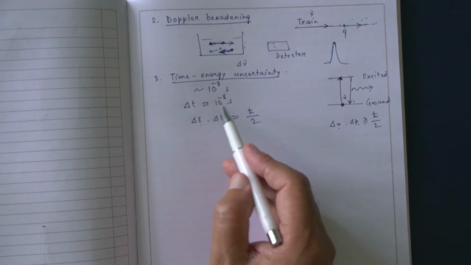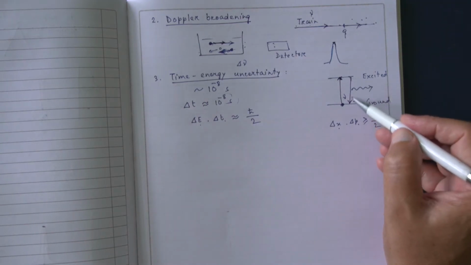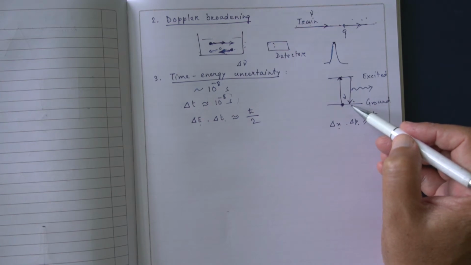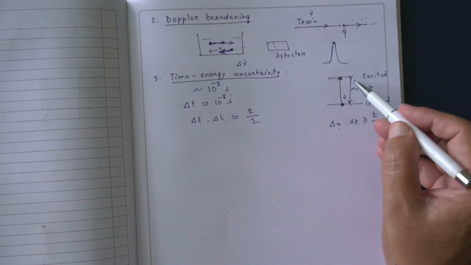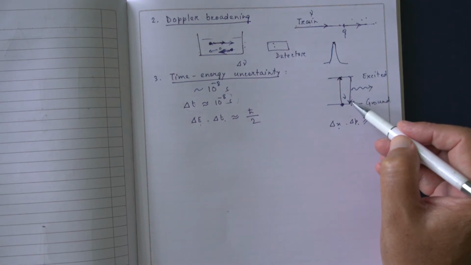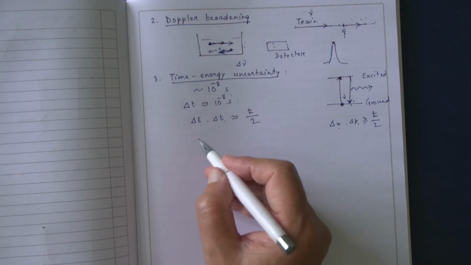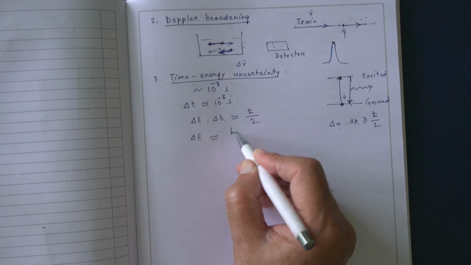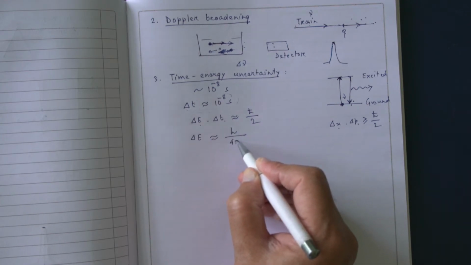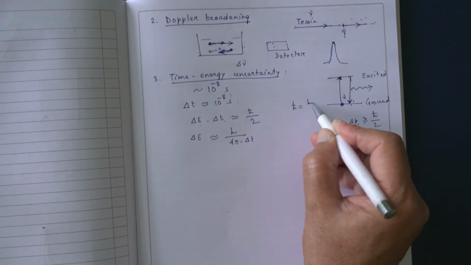Since there is some uncertainty in time for coming back to the ground state, energy becomes uncertain. So what is the uncertainty in energy? Del E equals h bar by 2 del t, which is h by 4 pi del t, because h bar equals h by 2 pi.